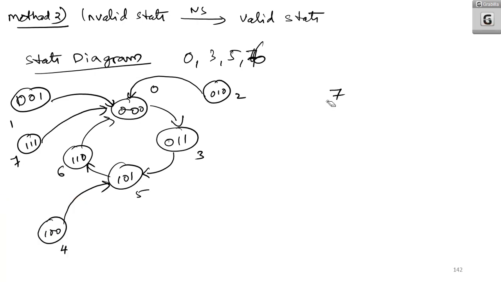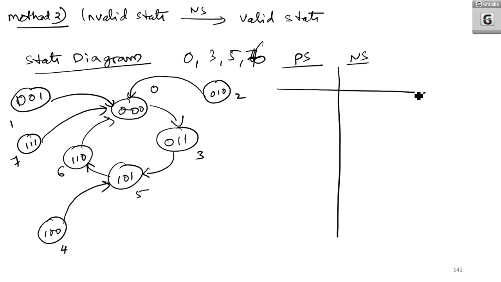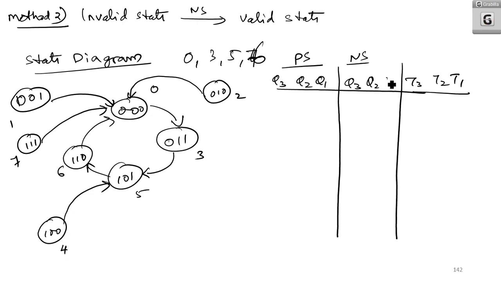Okay. So, here I am having the present state and the next state, and T3, T2, T1. So we have Q3, Q2, Q1 as the present state, and the next state is Q3, Q2, Q1.